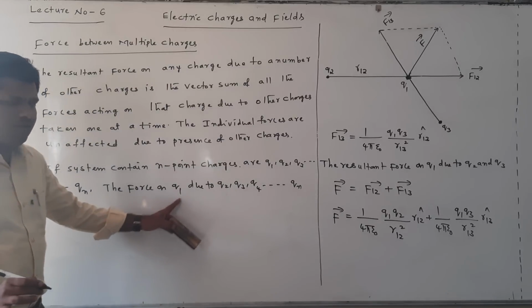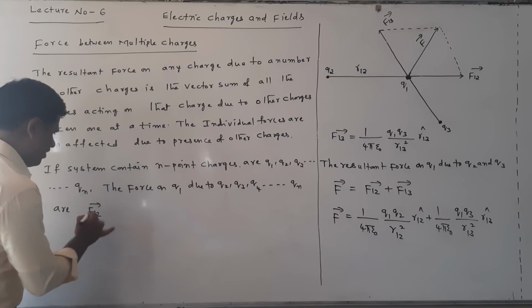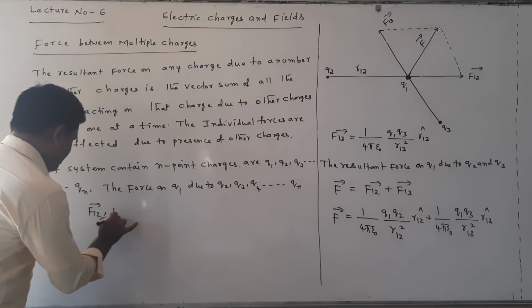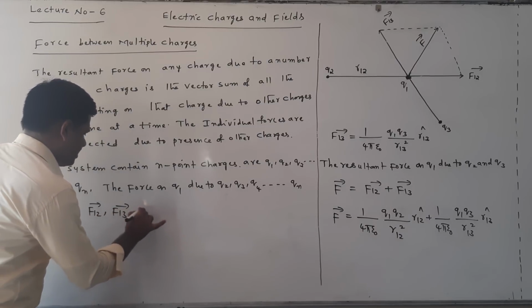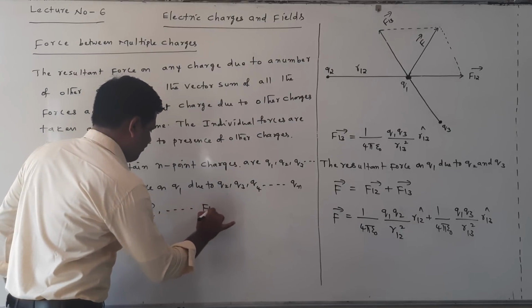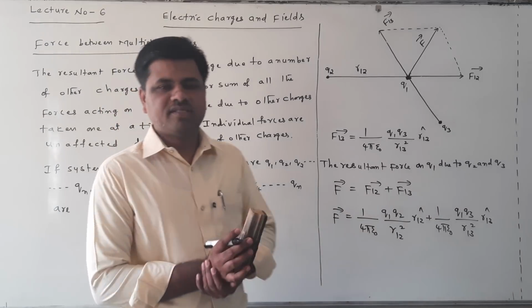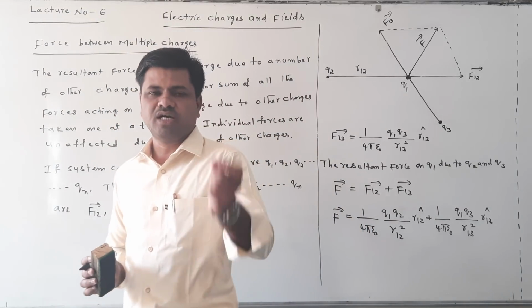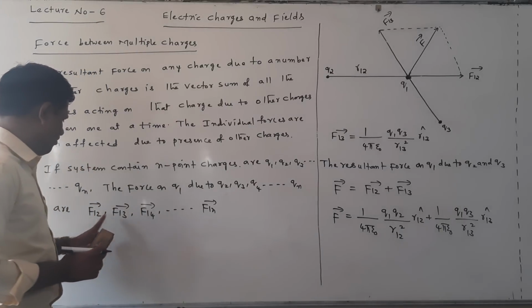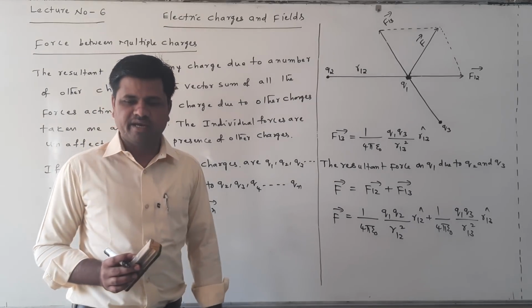The forces acting on the Q1 charge can be written as F12 bar, due to Q2 charge; F13 bar, due to Q3 charge; F14 bar, due to Q4 charge; so on, F1n bar. These are the forces acting on the Q1 charge due to Q2, Q3, Q4 up to Qn charges, written as F12 bar, F13 bar, F14 bar, so on F1n bar. We can write like this.